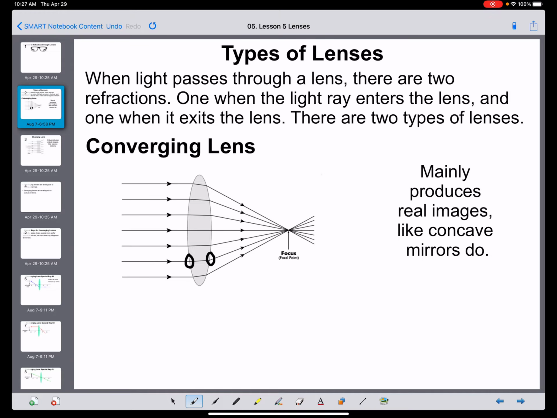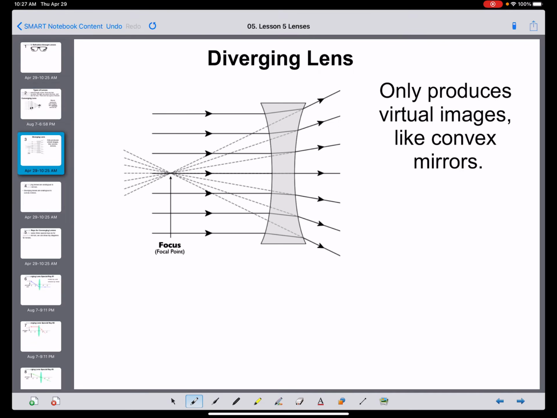The reason it's called a converging lens is that the light rays all converge, or come together, at one point there. Converging lenses are sort of like concave mirrors in the sense that they mostly produce real images. There's one case where they produce virtual images, but most of the time, real images.